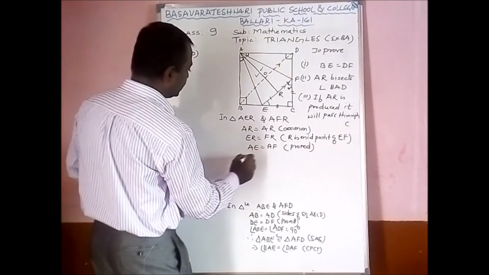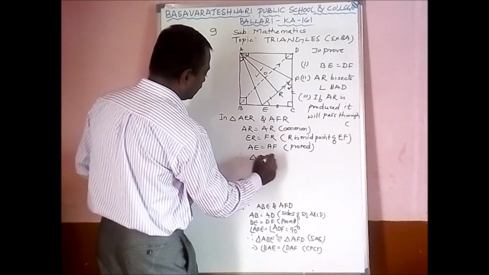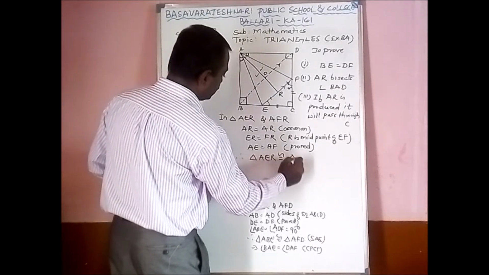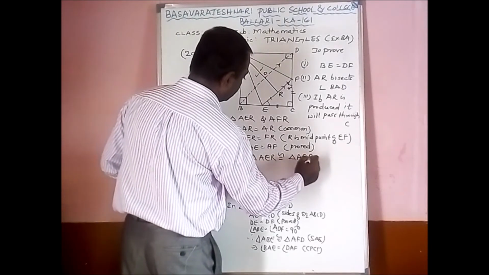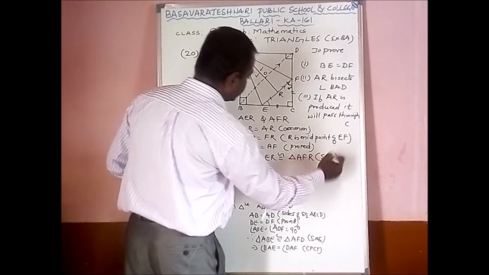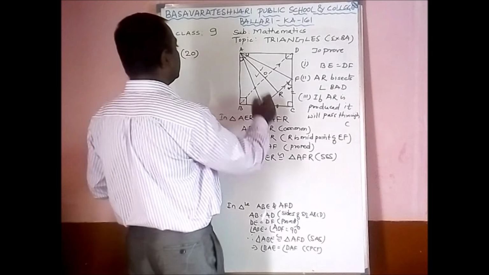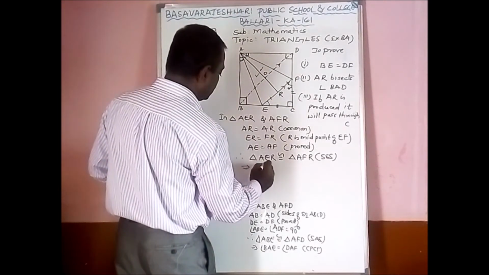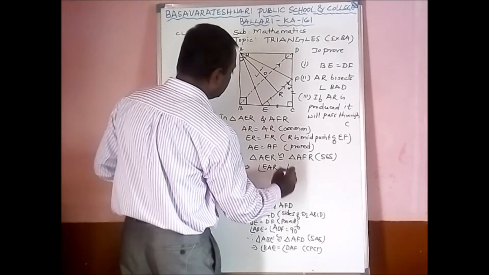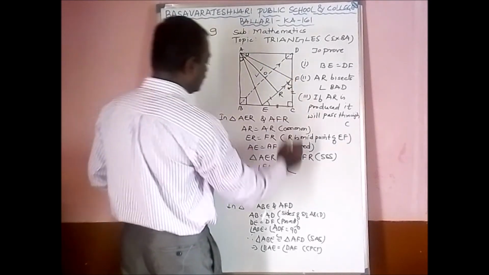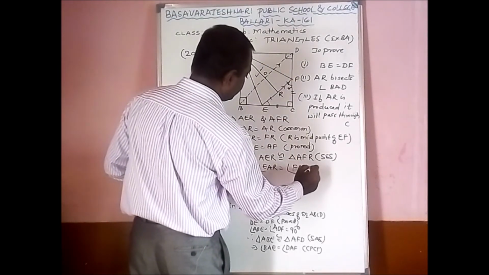So therefore we can say triangle AER is congruent to triangle AFR on the basis of SSS. So this implies two angles are also equal. Angle EAR is equal to angle FAR by CPCT.